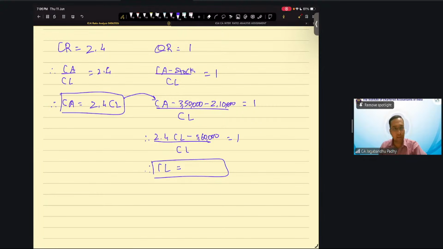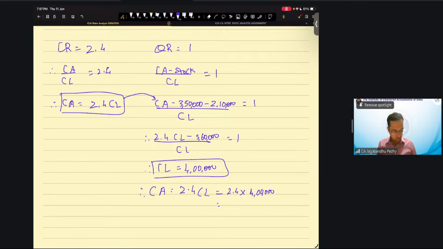Yeah, current liabilities is 4 lakh. Great. So since current liabilities is 4 lakh, current assets will be 2.4 times of current liabilities. So which is 2.4 into 4 lakhs. So 2.4 into 4 lakhs will be amounting to how much?